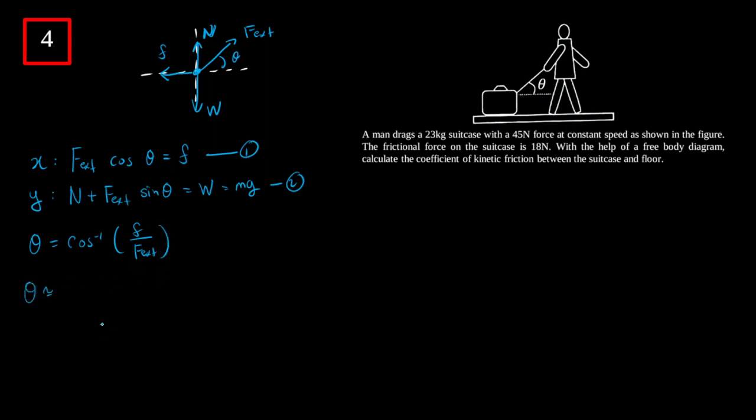That tells me the angle is simply going to be cos^-1. Let me substitute at this point. The frictional force is 18, and the external force is 45. That gives us an answer of 66.42 degrees. So theta is approximately 66.42 degrees.